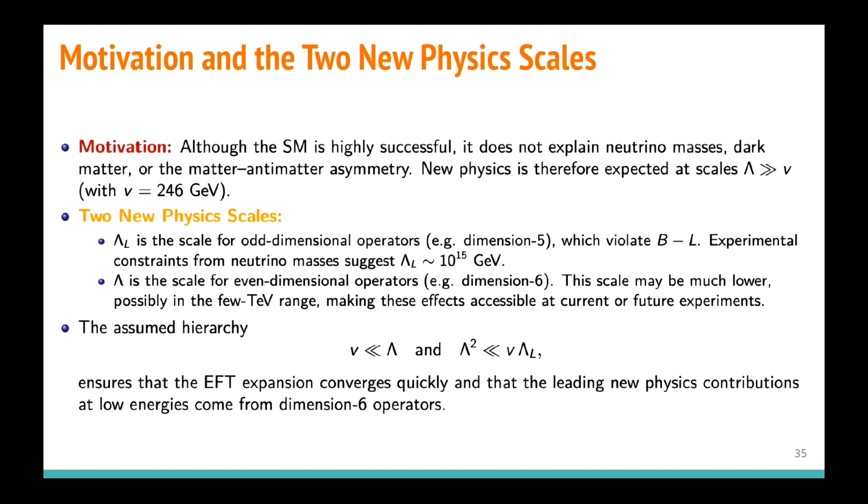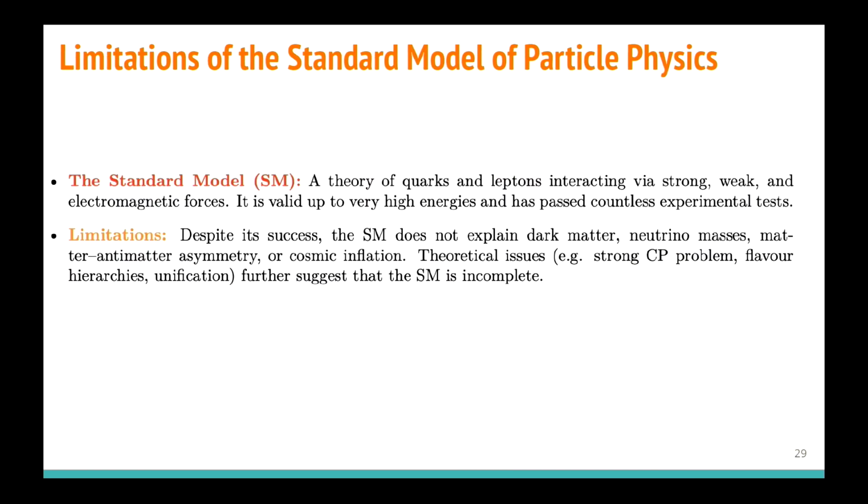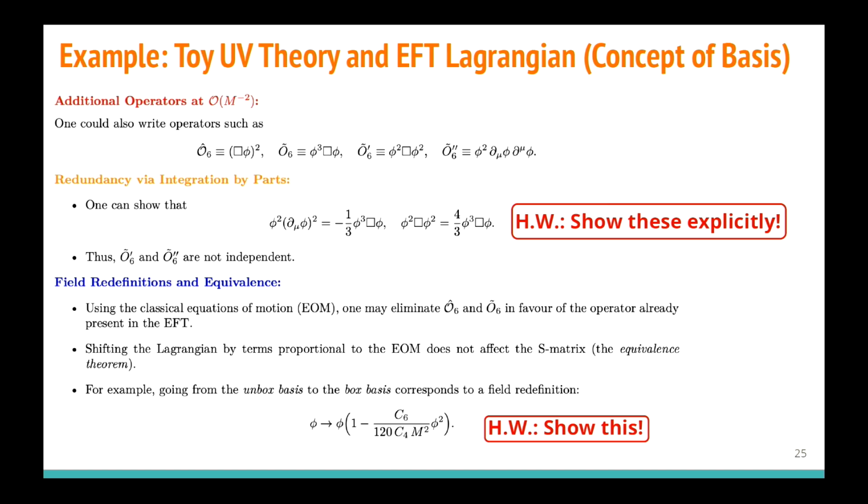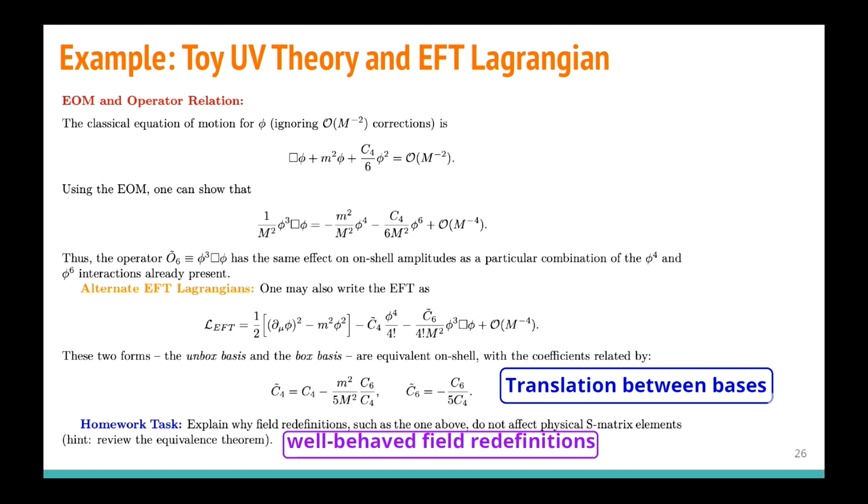Yes. In this toy example that I showed you before, these two operators, phi squared box phi squared and phi squared del mu phi, can be rendered redundant by just using integration by parts. But if you do integration by parts on these two, you will not be able to get rid of them. To get rid of these two, you need the equations of motion.